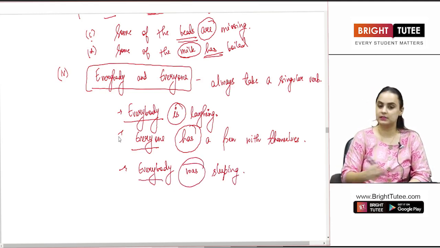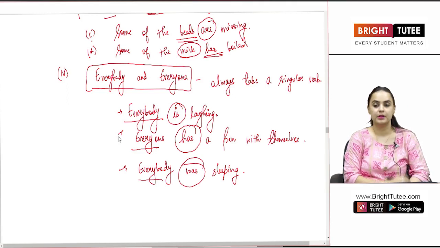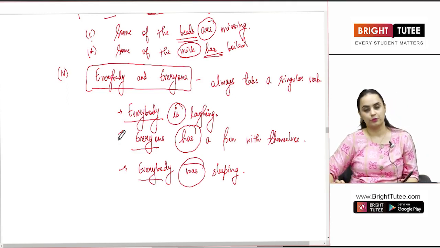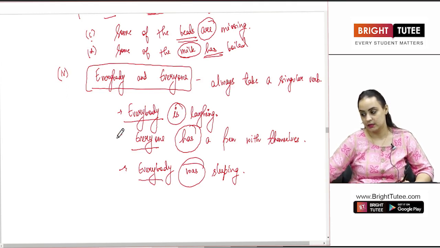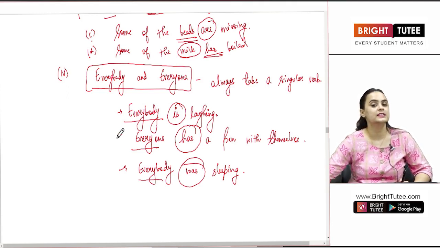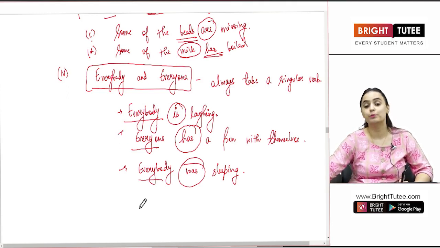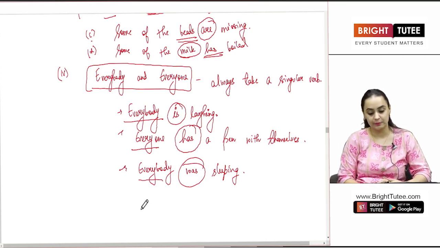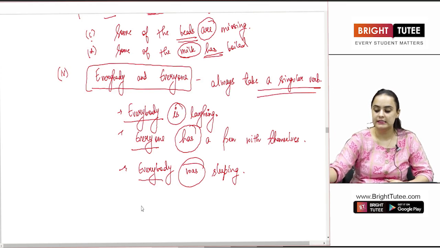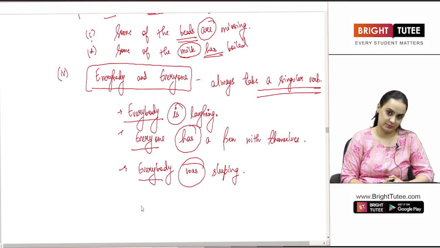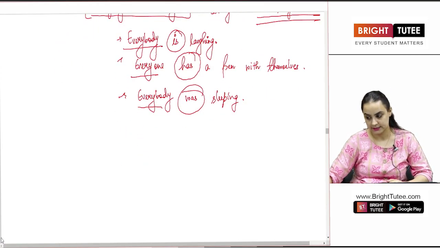Again, we used a singular verb with everybody. So indefinite pronouns like everybody and everyone seem to be plural, talking about a lot of people, but they are singular and they always take a singular verb. Okay. Next.